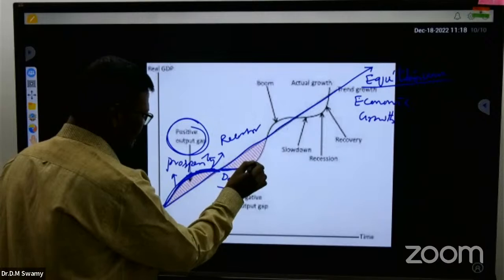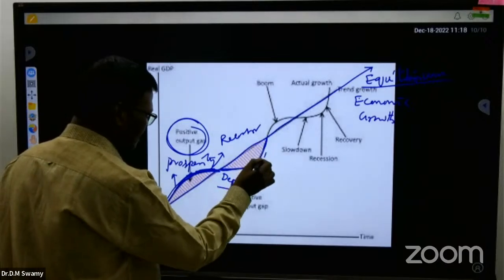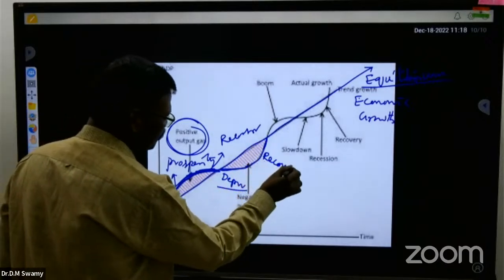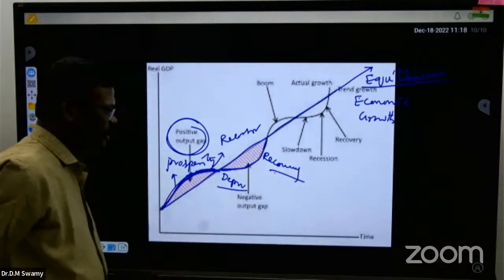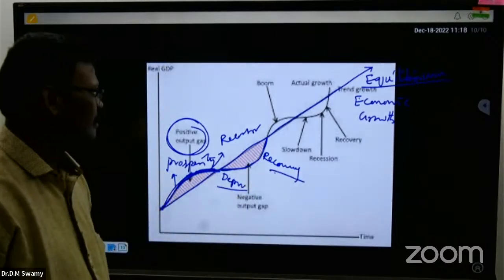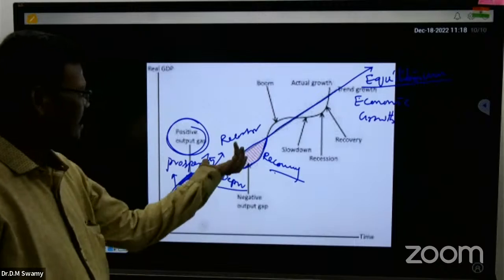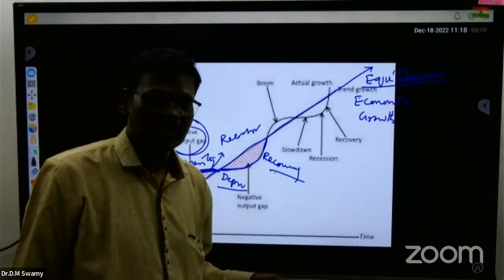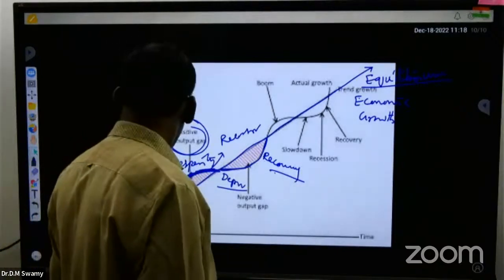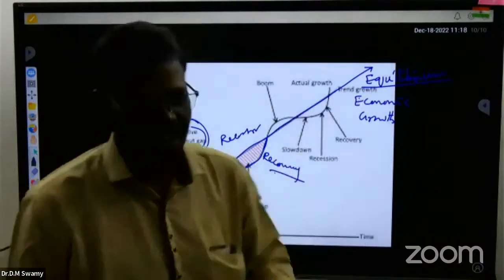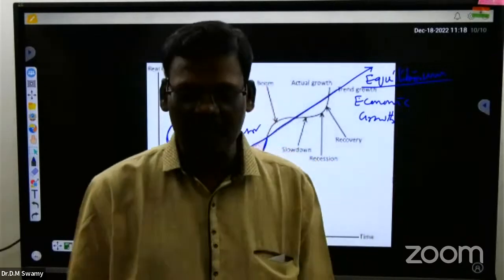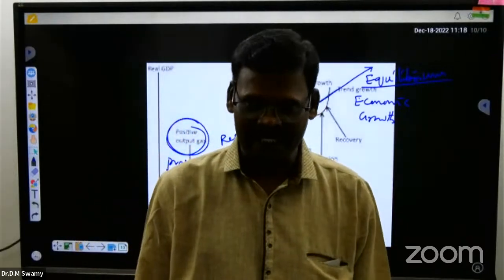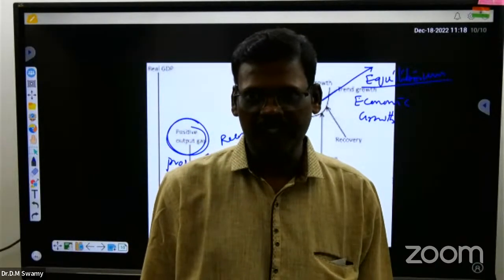When the economic activities start to increase again, this is known as recovery. So like that, we can see the economic activity. This is what we can see when we talk about this particular concept, the trade cycle, an important concept.